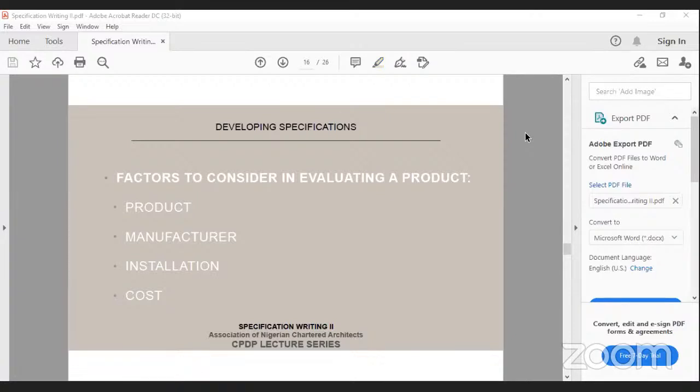If you like a particular floor finish, but the space where you want to apply it has acoustics problems, then you as the architect know that you cannot put this floor finish here because it's going to increase reverberation. It's going to worsen the acoustic element of that space.